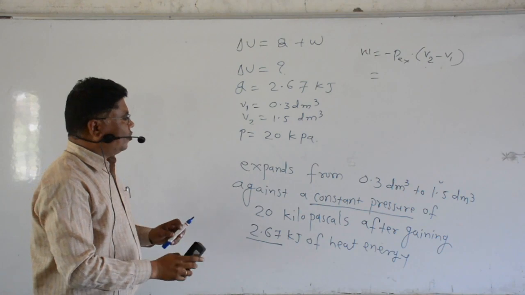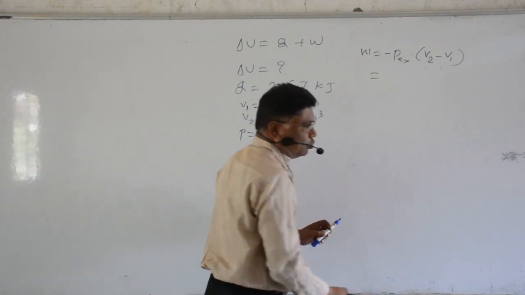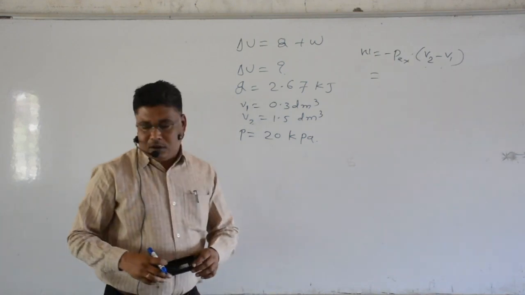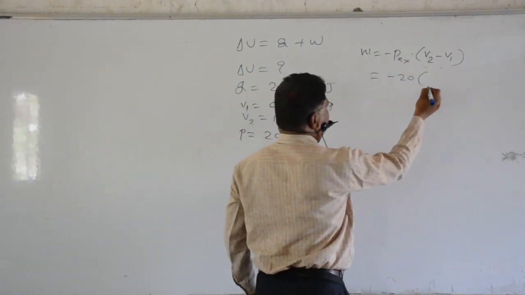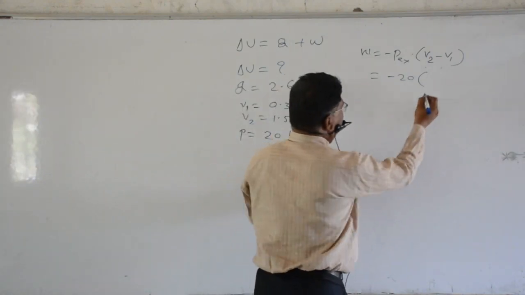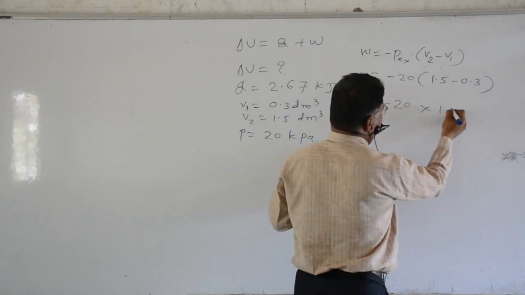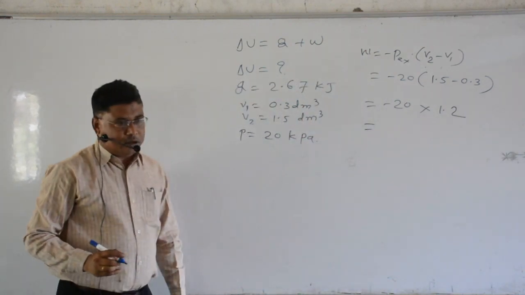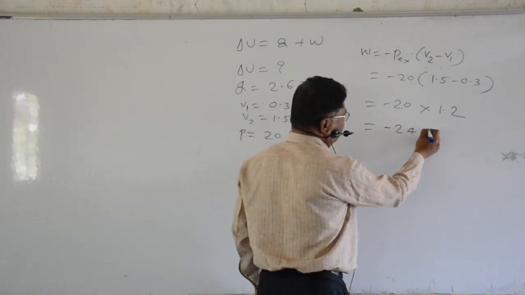So first of all we find W, then we can find delta U. Here W is equal to minus 20 kilopascal into 1.5 minus 0.3, that is minus 20 into 1.2, that is equal to minus 24 joule.